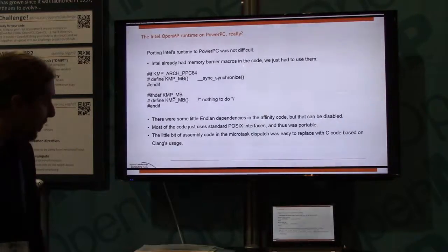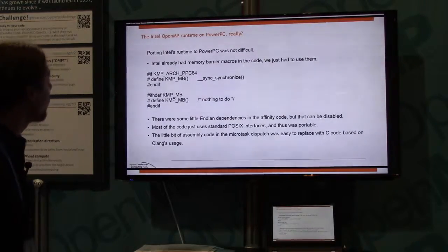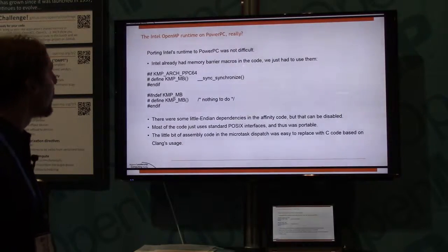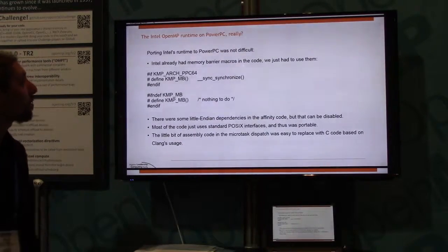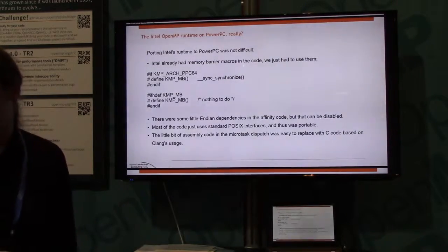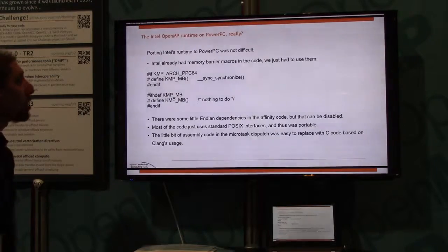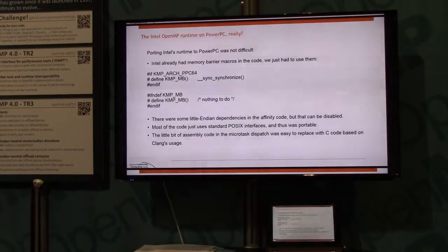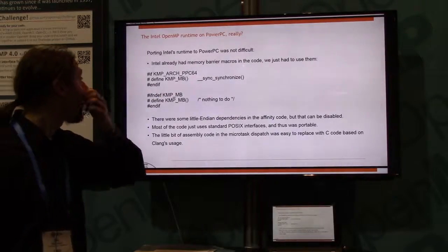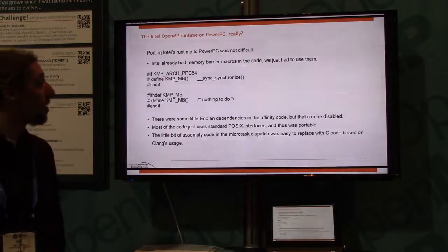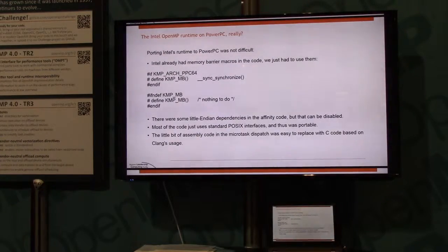Intel's runtime library, for their own internal use and experimentation, already had macros in it for the necessary memory barriers for non-strictly ordered architectures. But in the version they ship, the memory barriers are just defined to nothing. So we were able to go in and put in some memory barriers for these macros and turn them on for PowerPC, and we were able to get the correct semantics for the most part.